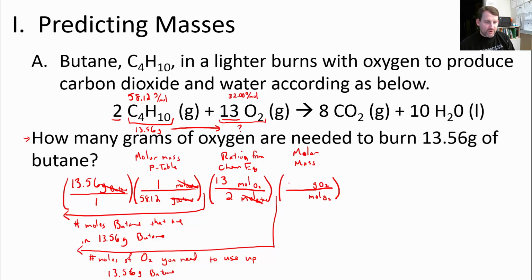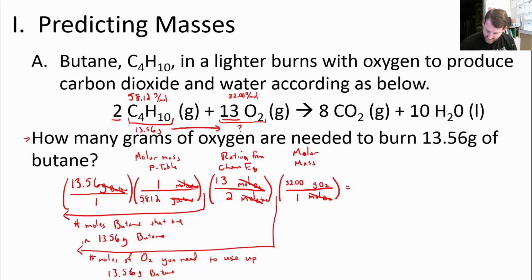All right. So now we're looking at 32.00 grams in 1 mole. Notice here moles of oxygen cancel and we're left with just grams of oxygen. Let's do the math real quick and then we'll explain what the number means. On this math, we always start with our first number. Just type it in, 13.56. Now this next number is on the bottom of the fraction, so we put divide before it.